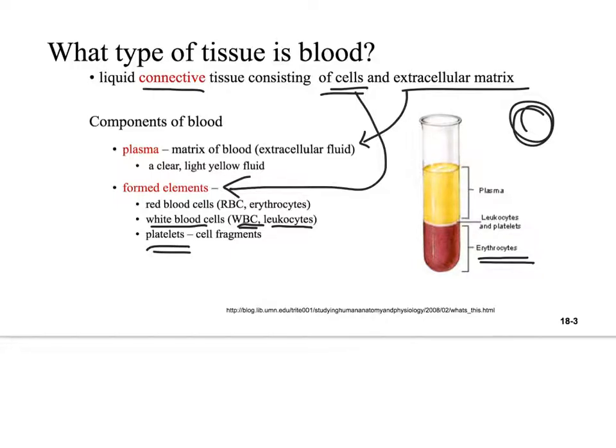Okay, so we have way more red blood cells than we have leukocytes and platelets. The platelets are just really, really small. So the erythrocytes, or the red blood cells, are this red layer here. The white blood cells and the platelets are this thin white layer they call the Buffy coat.